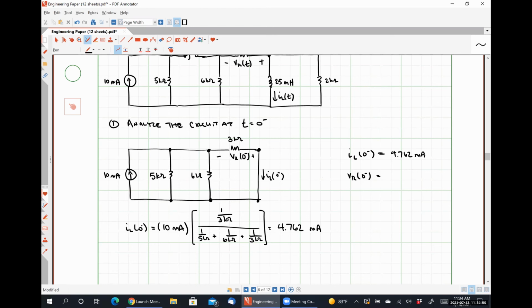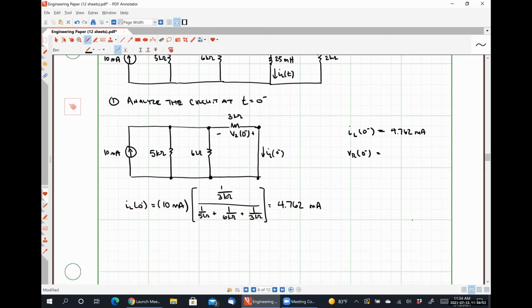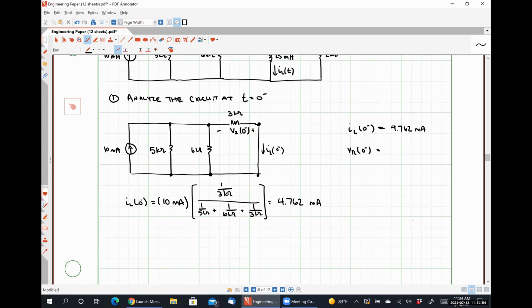Again, we have to make sure that we are including the fact that the current is flowing into the negative polarity terminal. So we could say that VR at 0 minus is negative IL at 0 minus times 3 kilo ohms, which would be negative 14.286 volts.